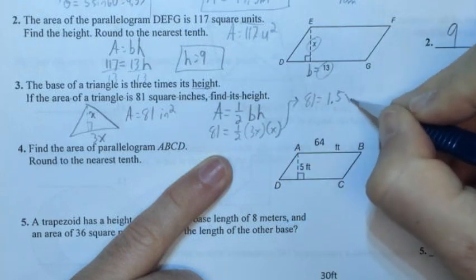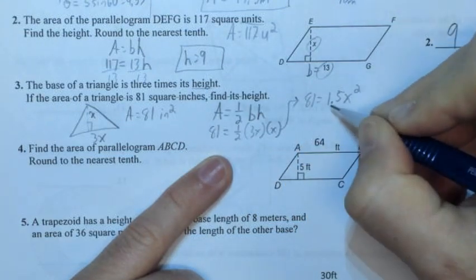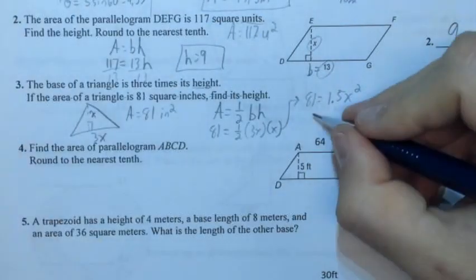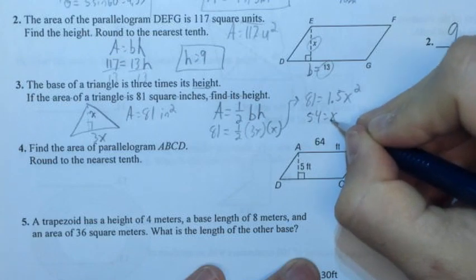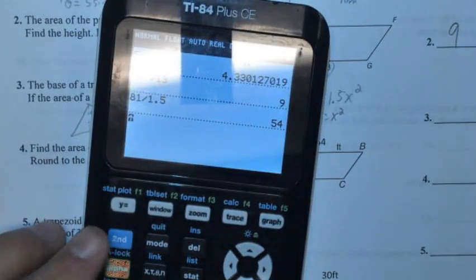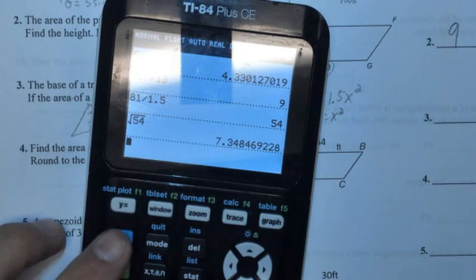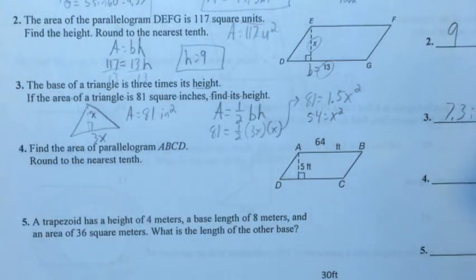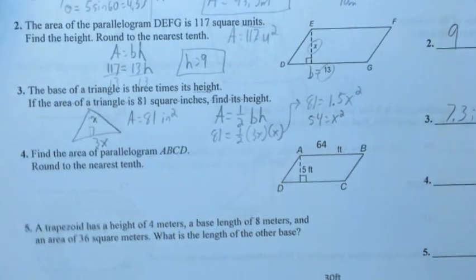X times x is x squared. That means you need to divide both sides by 1.5. x squared is 54. And we're going to now take the square root of that. It gives me 7.3. So my answer is 7.3, and that is in inches.